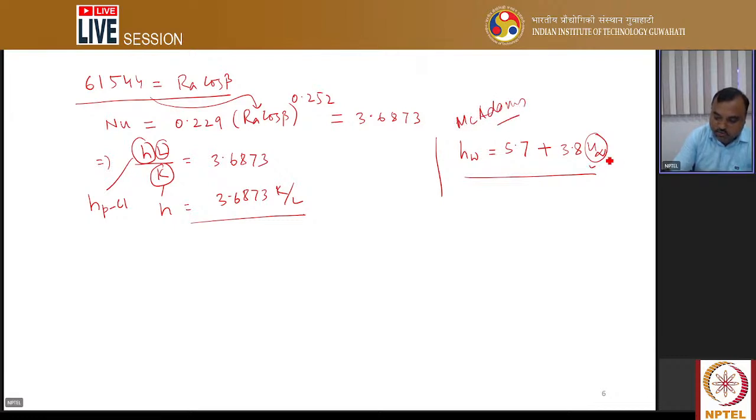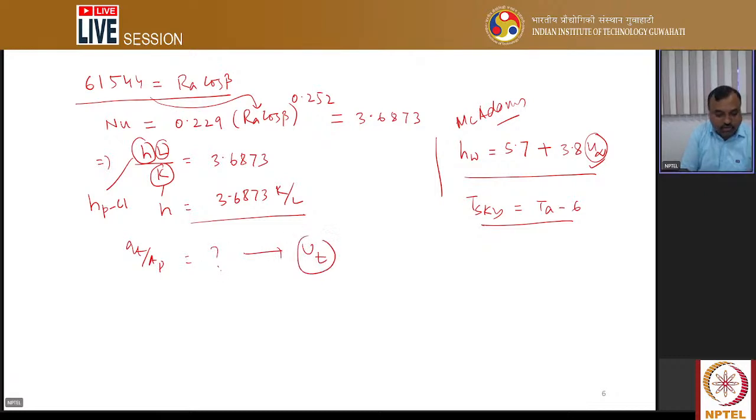Once we know the wind speed, we can calculate HW. Also we need one temperature, T sky, which is different from T ambient, TA minus 6. Once you know this, you can calculate. And once we have QT by AP, as I said before, then we can calculate UT.